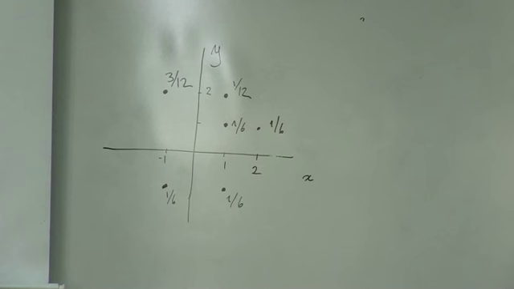Does it sum to 1? Let's check. 4/6 plus 4/12, which is 2/6. Yes, adds to 1. Okay, so these are the only points where x and y take on more than 0 probability.